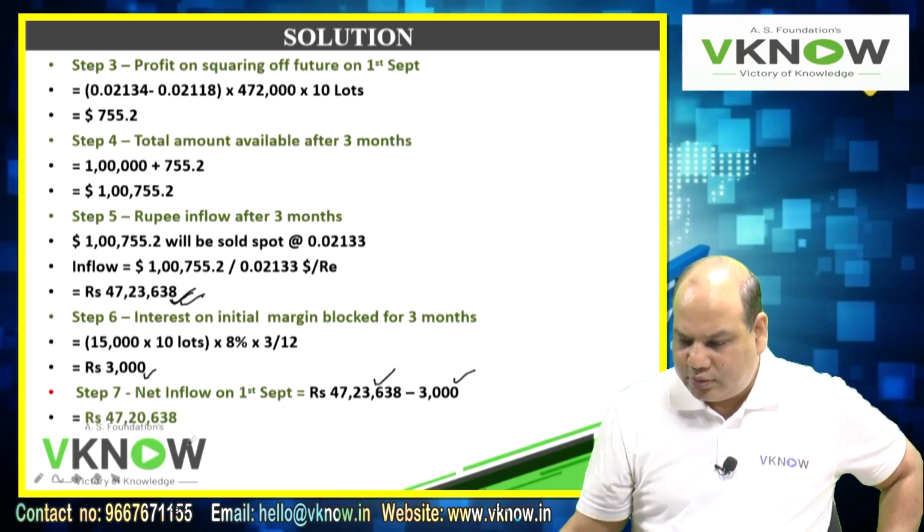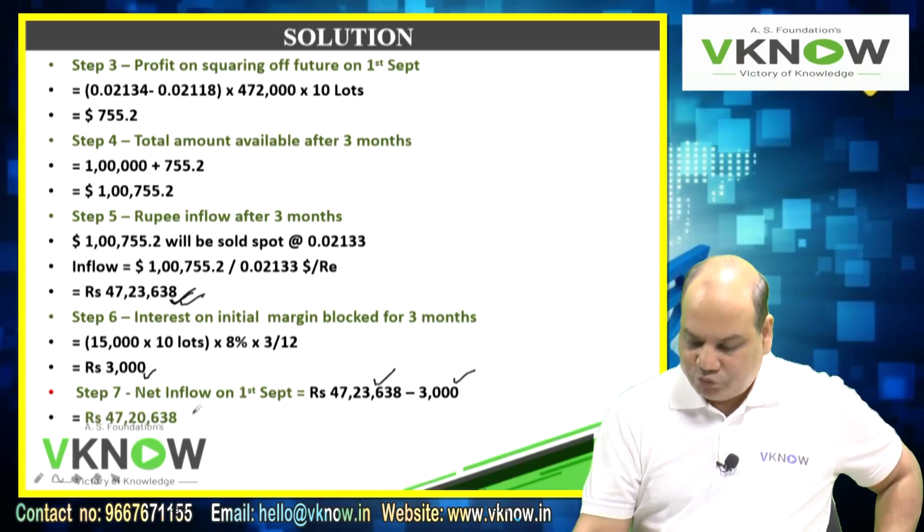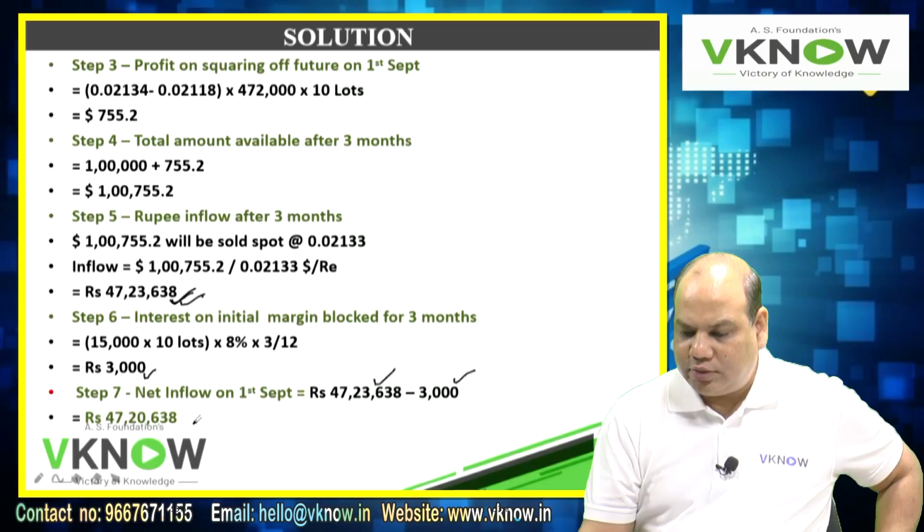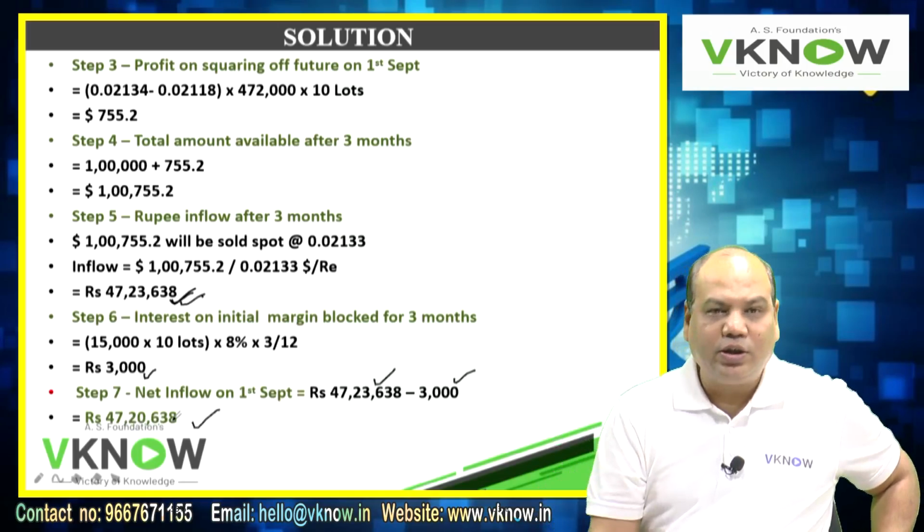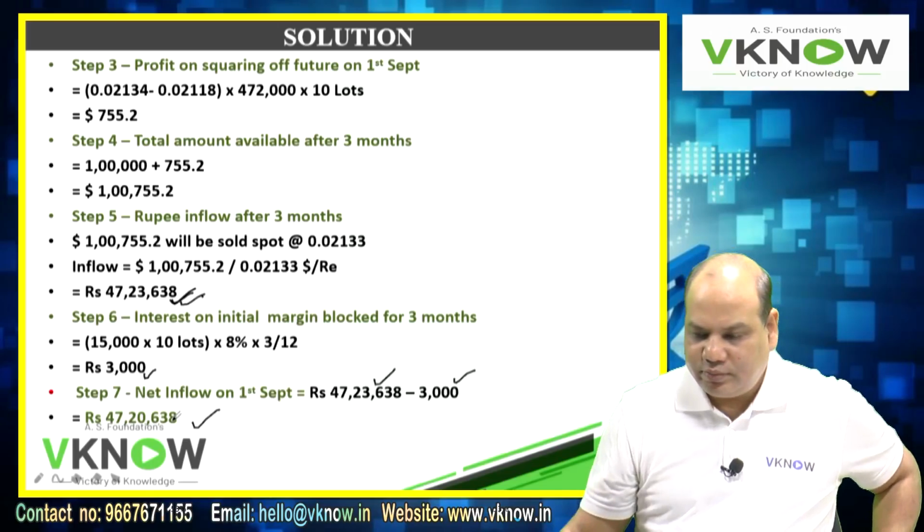So we will get 47,20,638 rupees. So if I use the future contract, this inflow will be 47,20,638. Look at the answer. It is so easy once you start understanding.